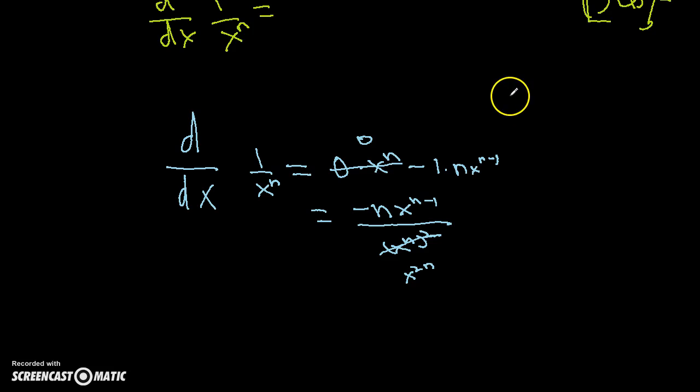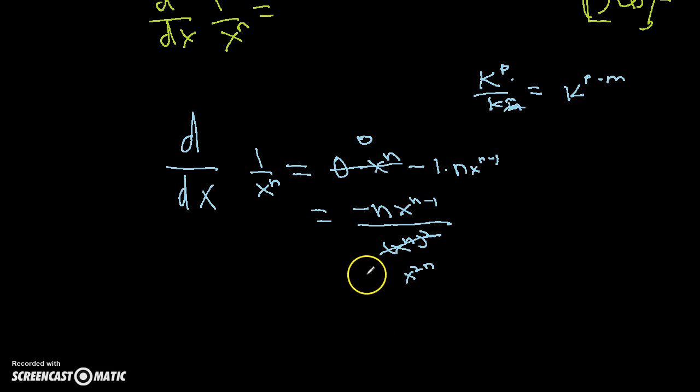And remember that a number k to the p divided by k to the m is equal to k to the p minus m.